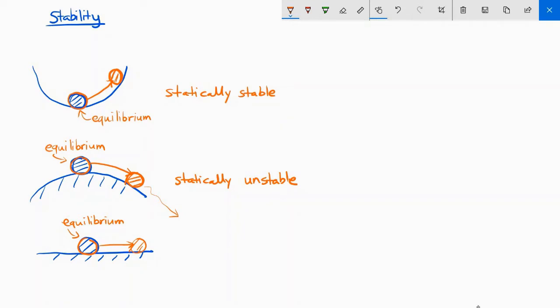This is an example of a neutrally stable state. Okay, so this type of behavior is called neutral stability. And these three different types of stability that I have listed are all three different types of static stability.